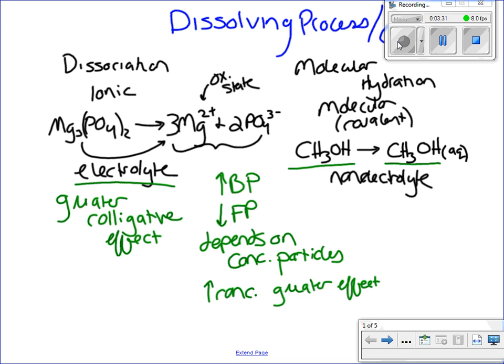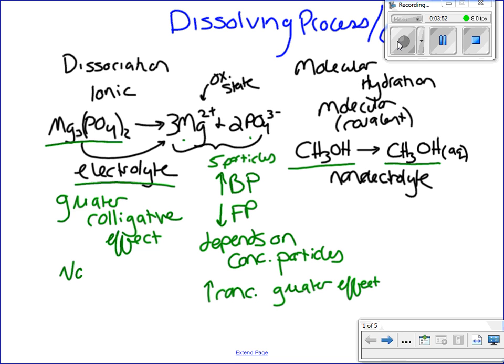I put in 1 magnesium phosphate, I get 3 magnesiums and 2 phosphates. So I get a total of 5 particles. So inherently, if I have the same concentration of the two of these, the one that has more dissolved particles is going to have a greater colligative effect.